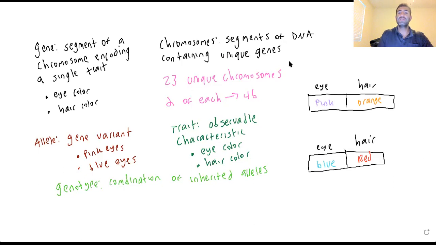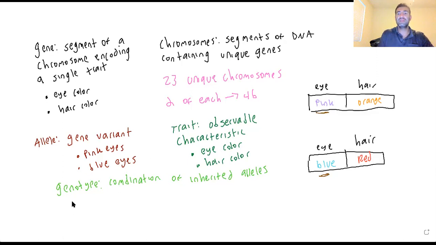For example, the genotype for this individual would be pink and blue for eye color, because they've inherited one allele for pink eyes and one allele for blue eyes.